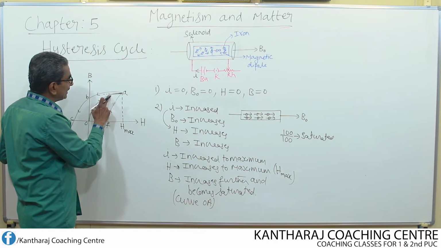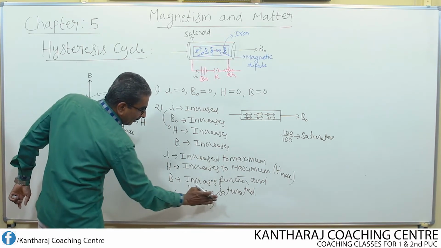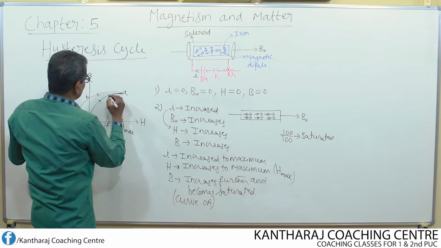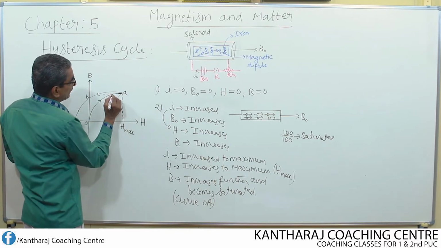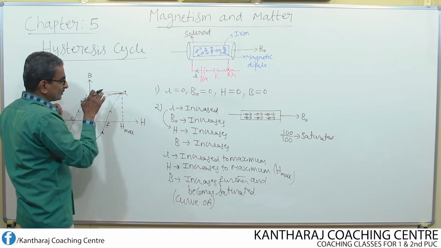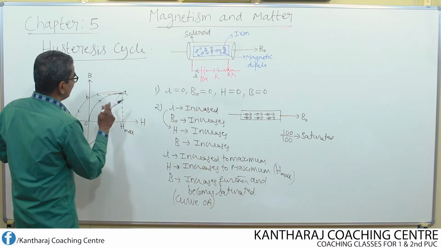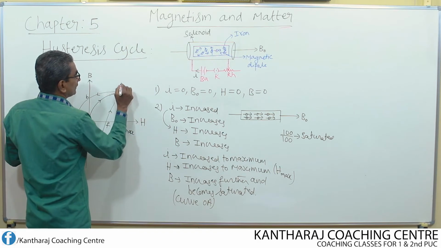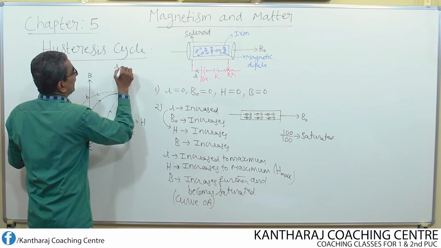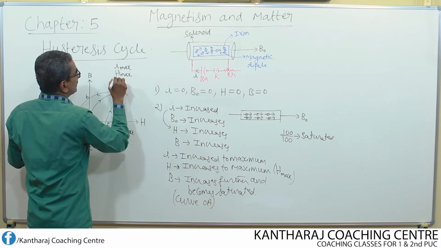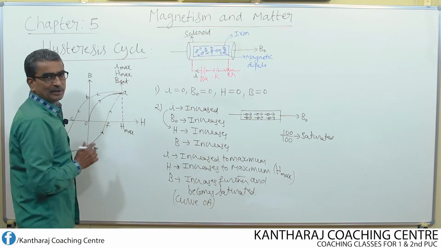So that is why we say that B is saturated. If B continued to increase along with H, then this curve would have risen up like this, but it is not rising further. It is becoming almost parallel to H. So from this we can say that B got saturated. So let us write here, at this point H is maximum because current I is maximum but B is saturated. At which point? At the point A.